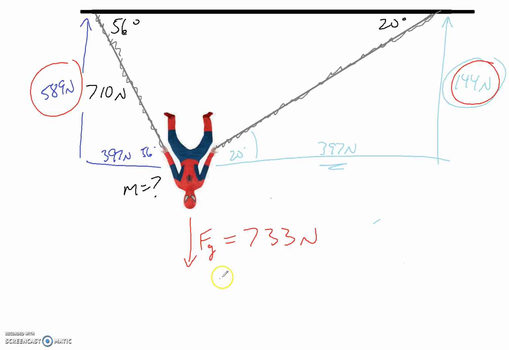And then all I have to do to find his mass is Fg divided by g, just undo it, and he will have a mass of about 75 kilograms, and that's it. So once again, if you got a force at an angle, break apart the force. The x's have to be equal to each other, and the verticals have to add up to whatever the mass's weight is.